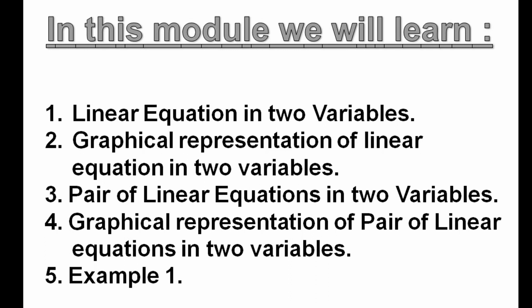Okay children, as you have read the linear equation in two variables in class 9th, do you know what is the standard form of a linear equation in two variables? So let us discuss these things. The linear equation in two variables.